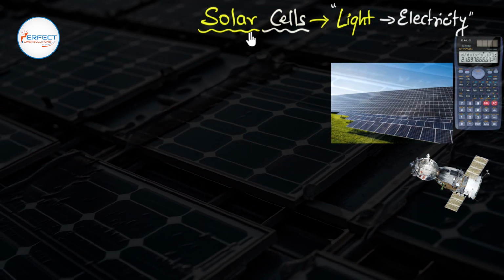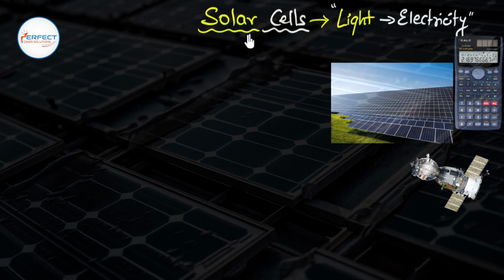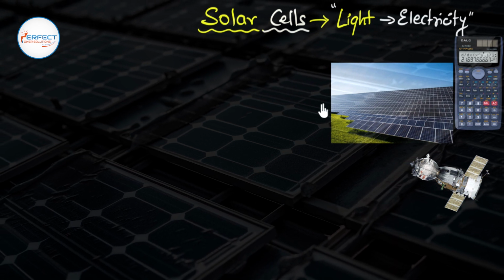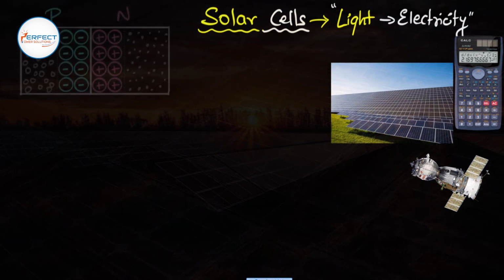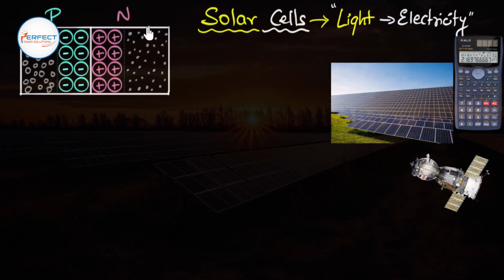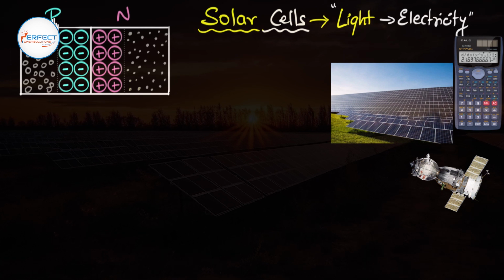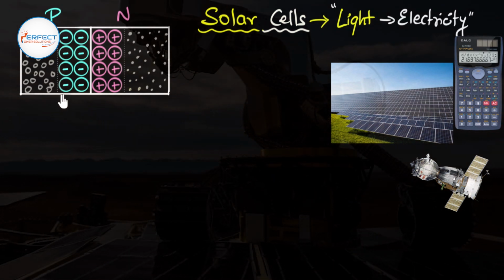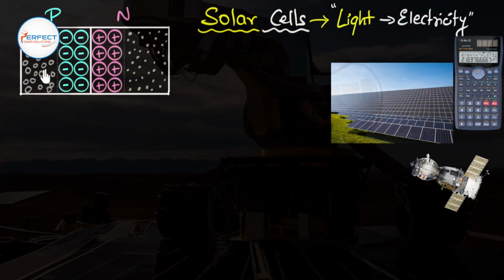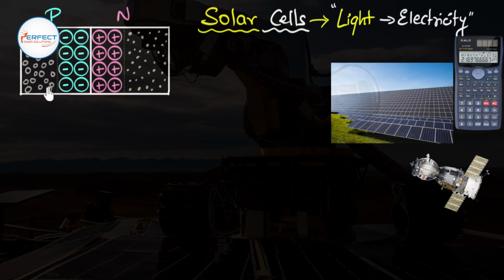Well, at the heart of a solar cell is a PN junction. So let's quickly recap. We've seen that a PN junction is basically a single semiconducting crystal on which one side is doped with acceptor impurities, so they accept electrons, and as a result they leave behind holes, a lot of holes.